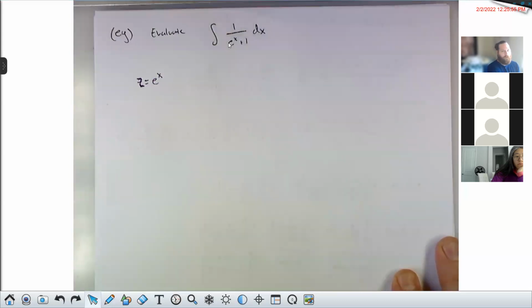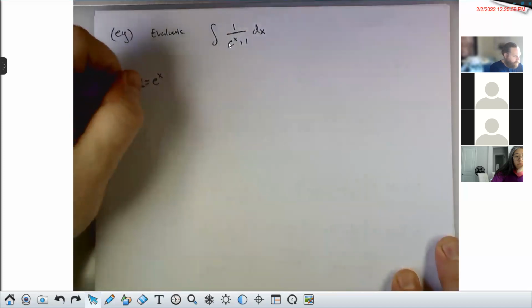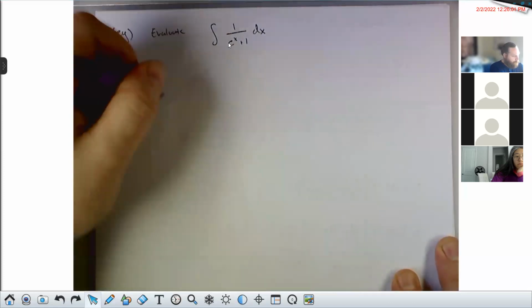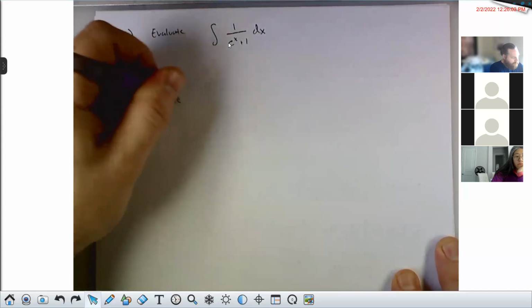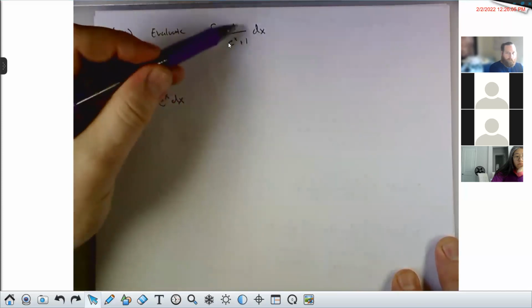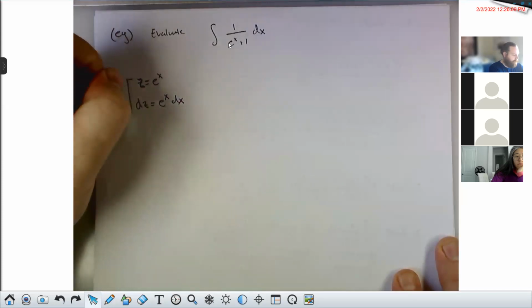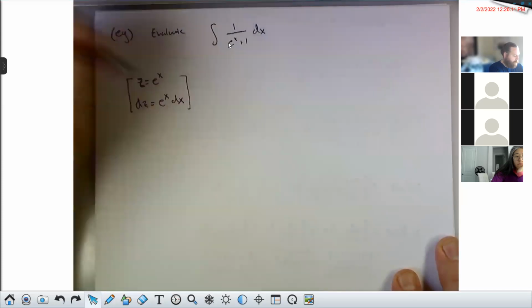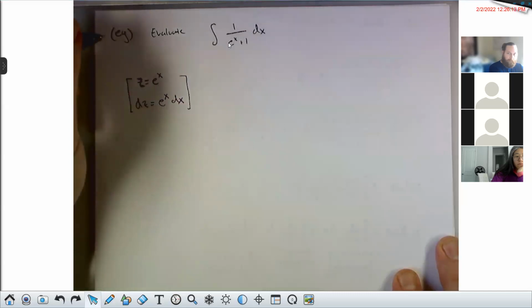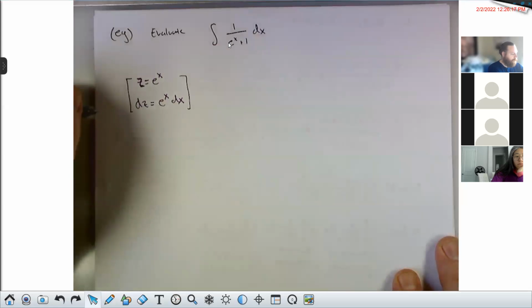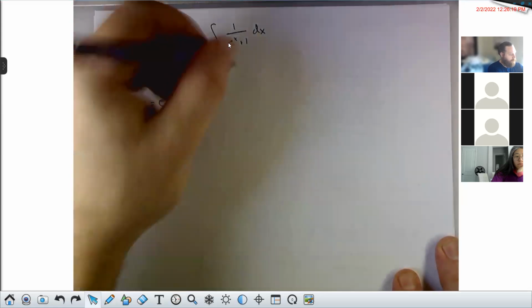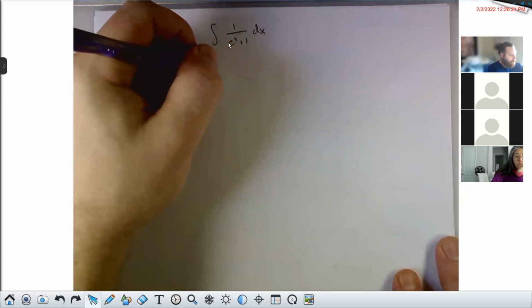z equals e to the x. The thing is, normally to make a substitution go through, you would need the differential piece, right? And there is no e to the x upstairs here. But I can introduce one. There are a couple ways to do this.